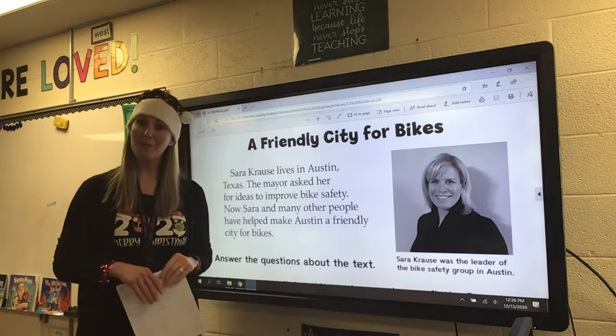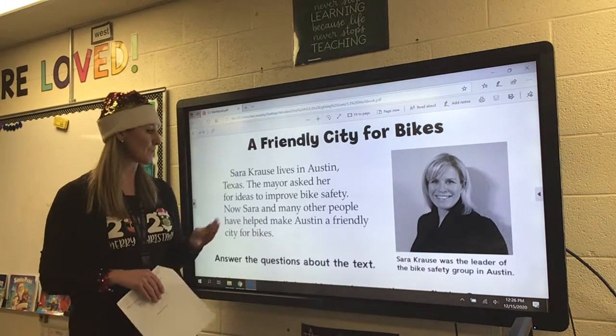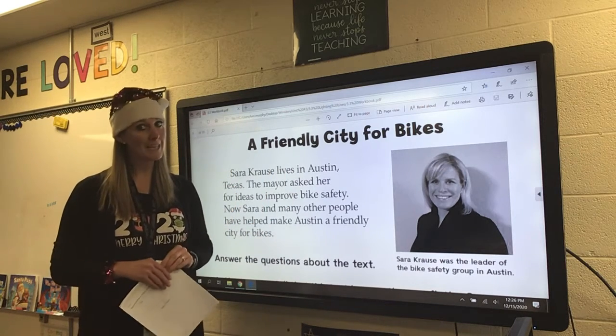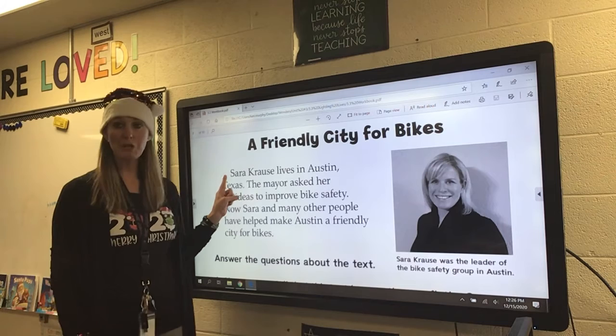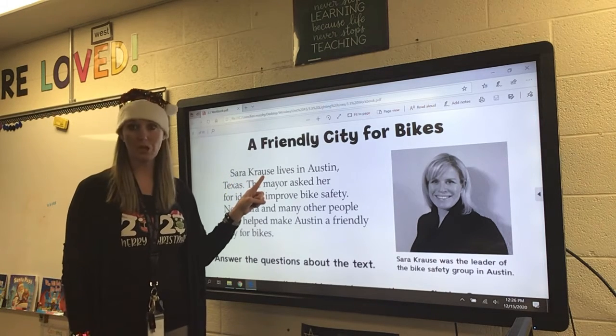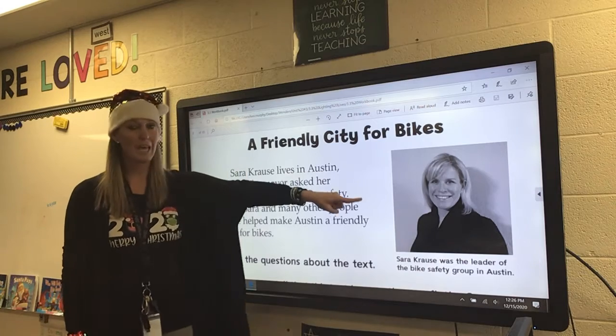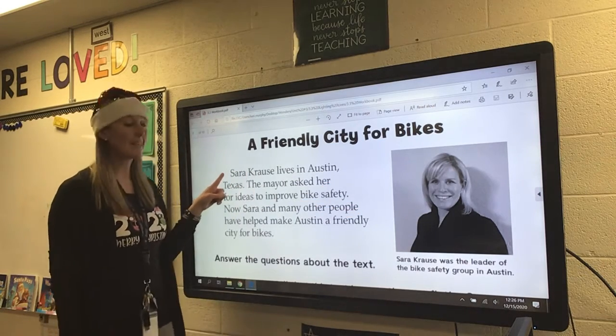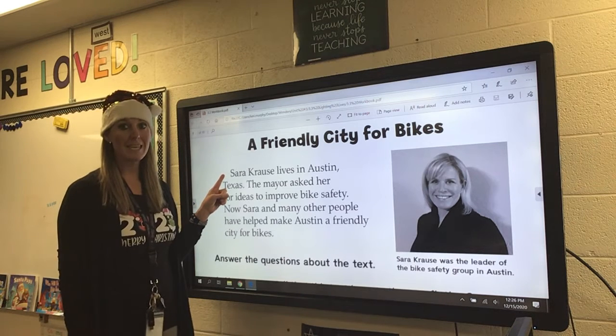Now we're going to read about a friendly city for bikes. We're going to read the text first, and then if you notice, there's a couple text features. So put your finger on the word Sarah, and Kraus is her last name. So Sarah Kraus. And if you look over there, that is Sarah Kraus. So let's read this story together.